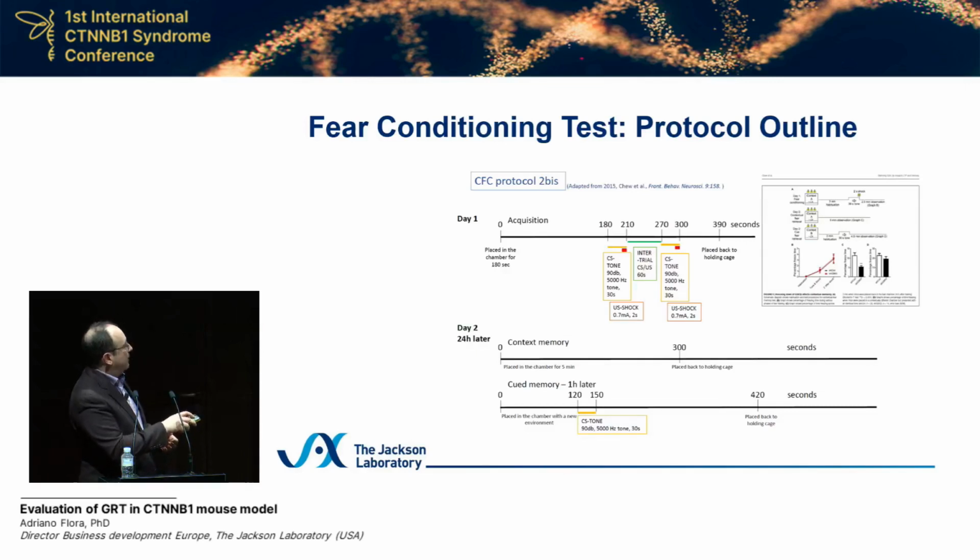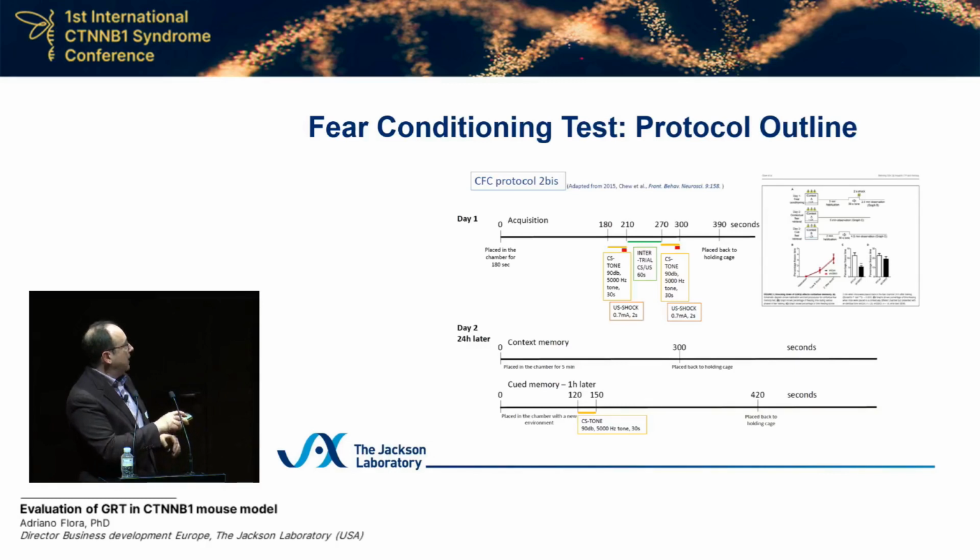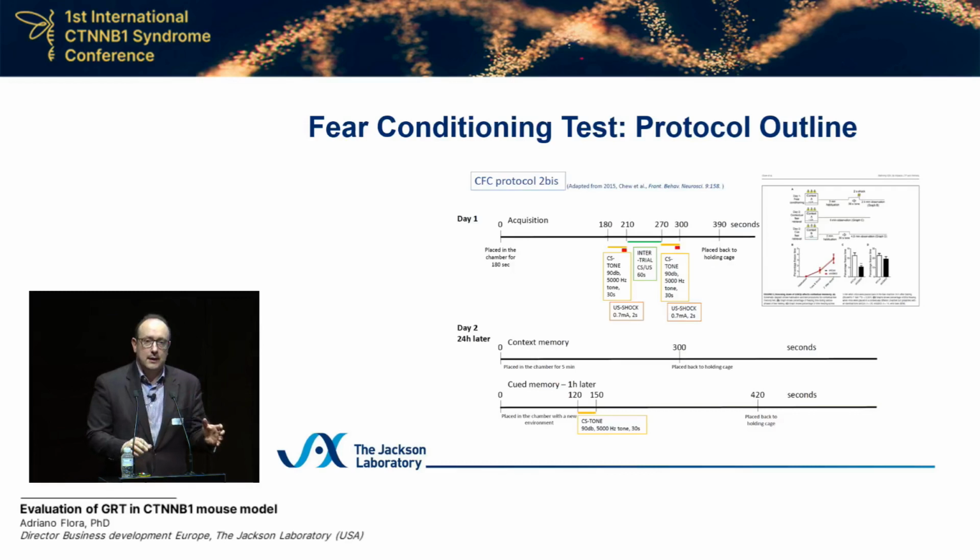Then we take them out, and 1 hour later, we put them in a different cage, so they will not recognize the cage, but they will actually recognize the tone, because we play the tone. And if they remember that after the tone there is a shock, they will freeze more.